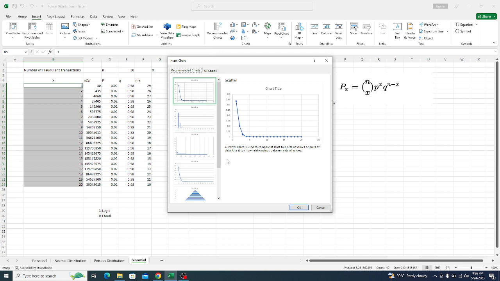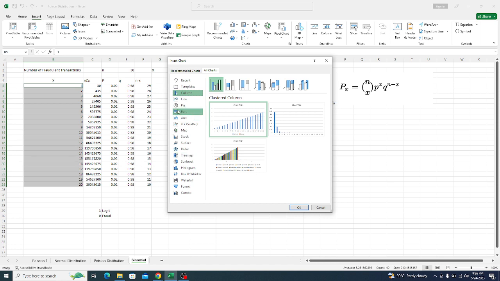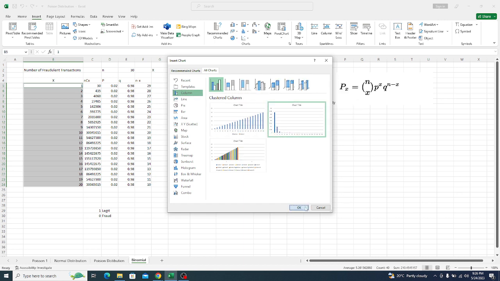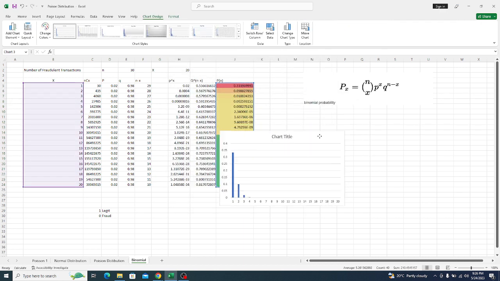You can either use a line graph, or you can as well use column, but column is not giving us something good. You can as well use column. Okay, here it is column, right?